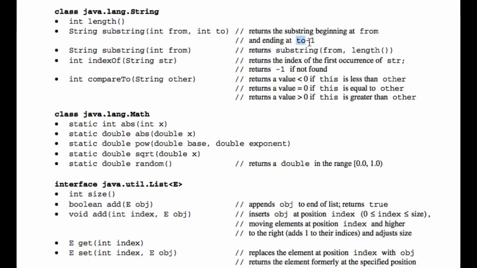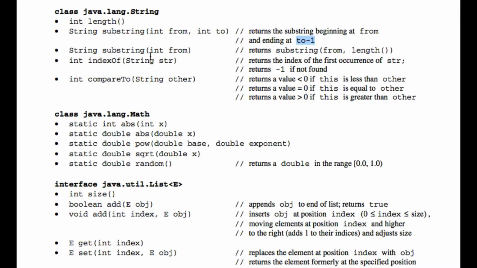Well, it's right there. It's to minus 1. It doesn't include it. So if you wanted the first letter of a string, it would be from 0 to 1, which gives you the first character in the substring. Length gives you the number of characters in the string.